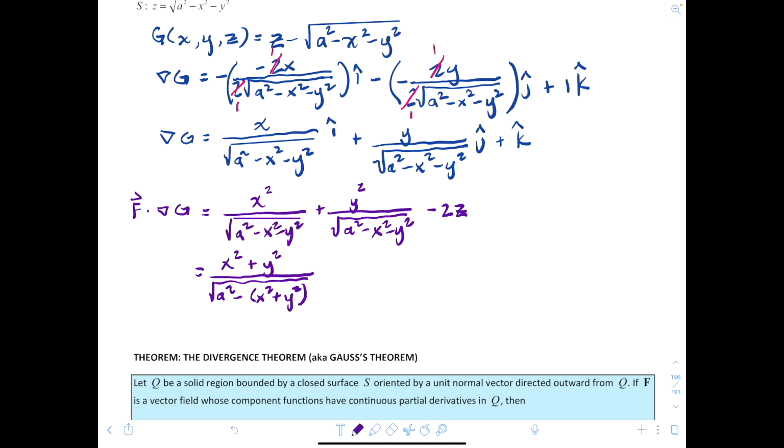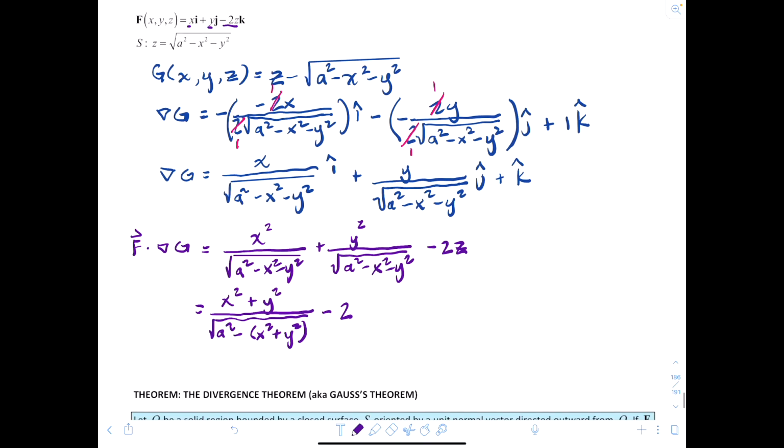And then we still have minus 2 times z, but what was z? Z was equal to the square root of a squared minus quantity x squared plus y squared. Good so far? Awesome.